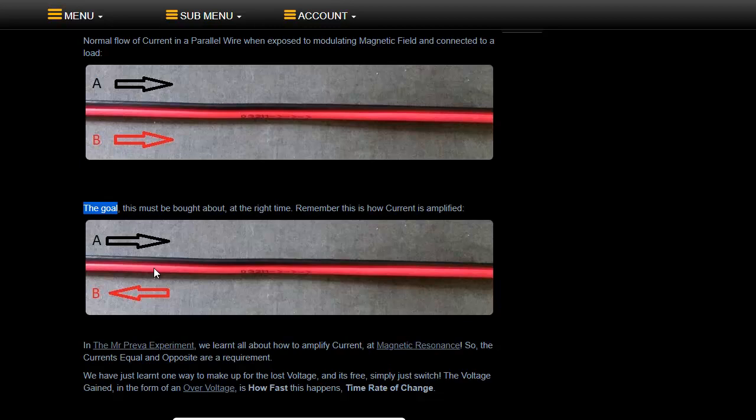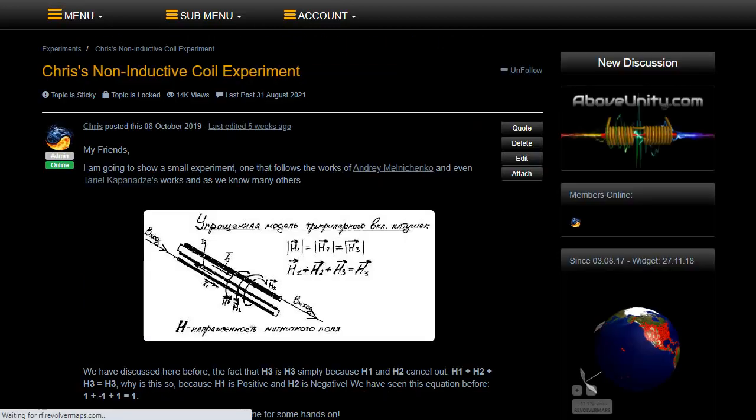Now I did actually go through and show that on the first post on the asymmetrical regauging experiment. So here we go. Chris's non-inductive coil experiment, asymmetrical regauging, that's what it is.